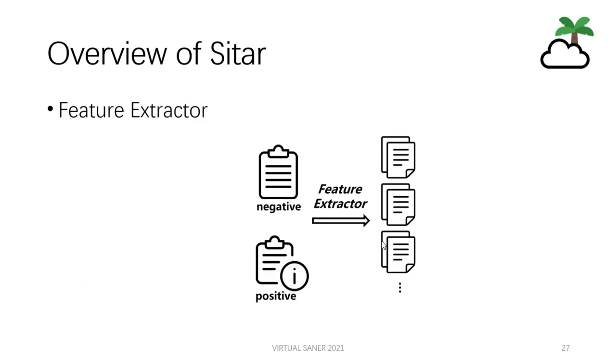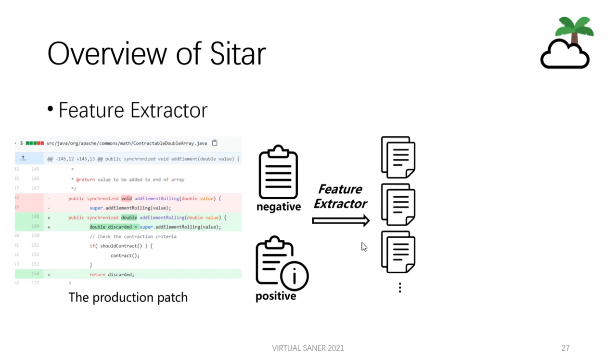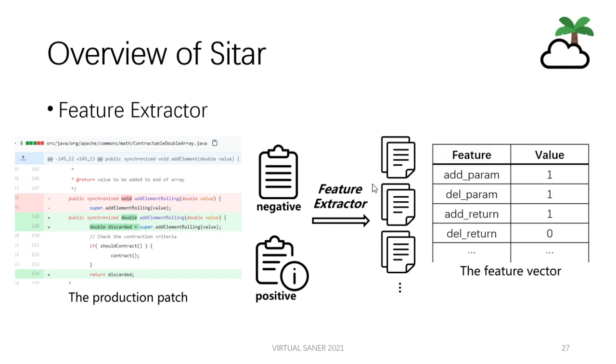As for the feature extractor, it turns the production patch into a structural vector representation. For example, on the left side we show a production patch. In this patch, one line of method parameter is being edited. Thus, in the feature vector, we record that add param is 1.